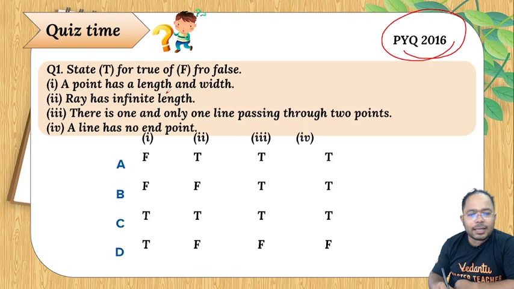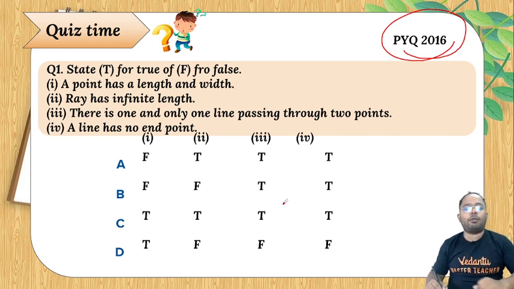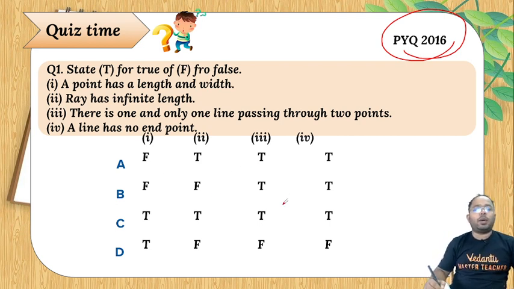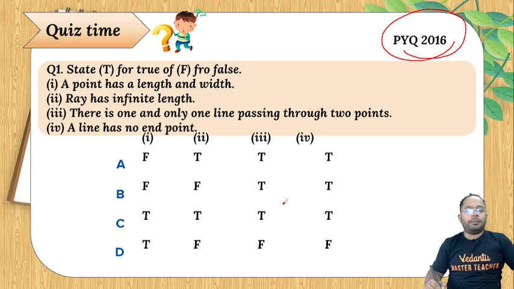It says: a point has a length and a width. A ray has an infinite length. There's one and only one line passing through 2 points. A line has no endpoints. So think in your mind what the first statement is, true or false, second, third, fourth, and accordingly find from the following options which one suits your answer.